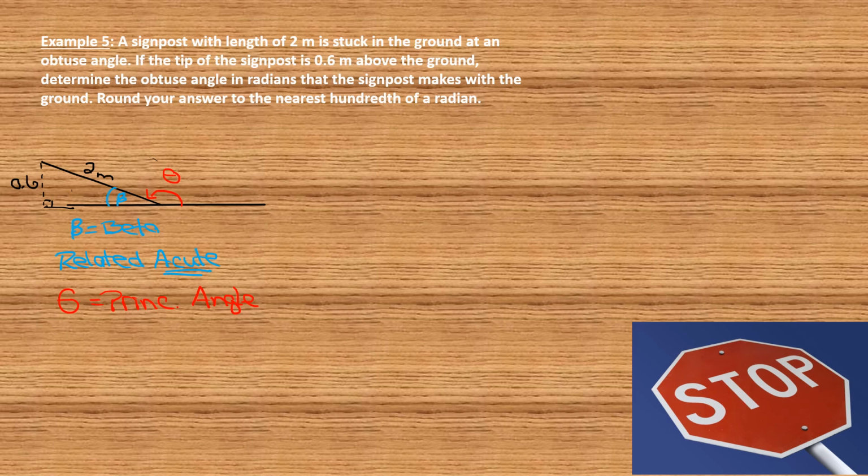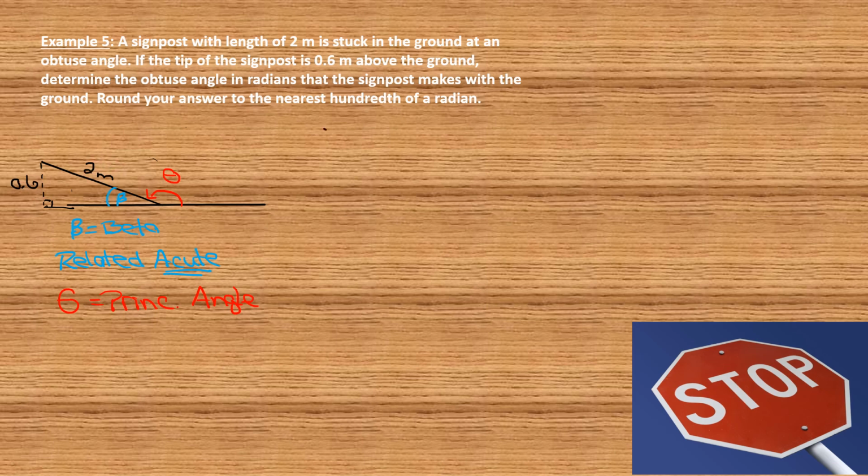Okay, look at what we've got here. For the beta angle, I've got a right angle, which is great. Right angle means sine, cos, or tan. So across from the right angle, that's my opposite. I've got a 0.6, and I've got a hypotenuse. Sine, cos, or tan, which one uses an opposite and a hypotenuse?